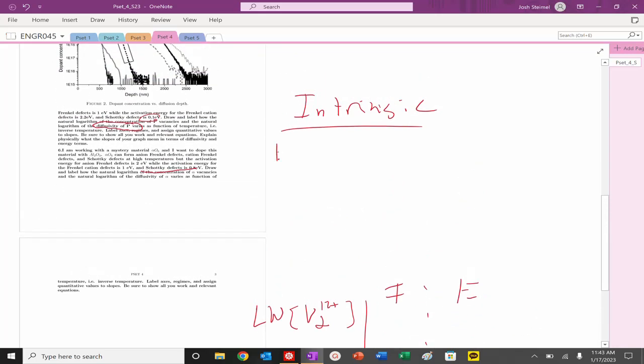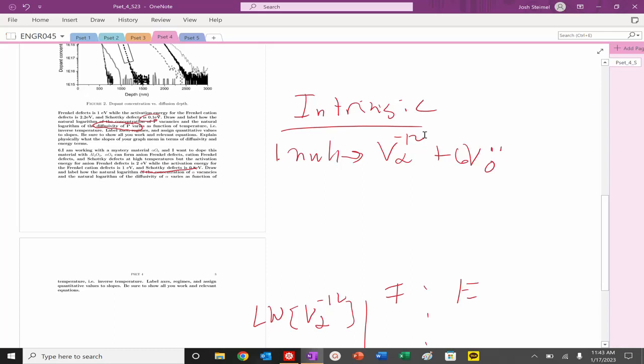So first step, I need my null reaction. Vacancy of alpha is going to be basically 12 minus, plus vacancy of oxygen, which is 2 plus. I'm using this as a shorthand.